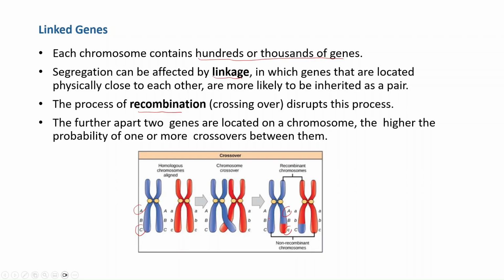And actually, people have placed genes in a particular order on a chromosome based on the frequency of recombination, saying, okay, if it's very unlikely to recombine, they're going to be very close. If they have a high frequency, they're going to be farther apart. And actually, even the units refer to number of recombinations.